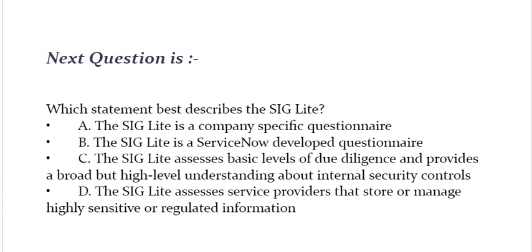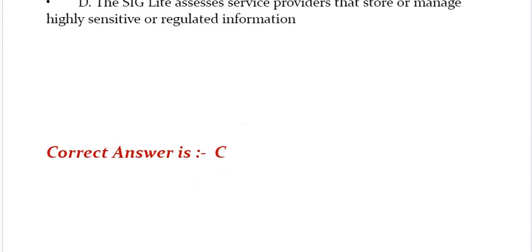Option C, the SIG light assesses basic levels of due diligence and provides a broad but high level understanding about internal security controls. Option D, the SIG light assesses service providers that store or manage highly sensitive or regulated information. Correct answer is option C.